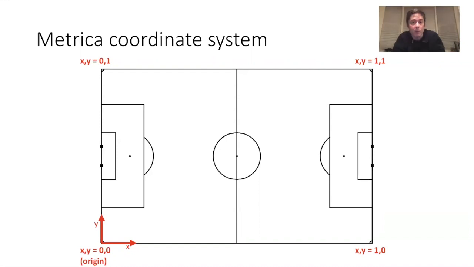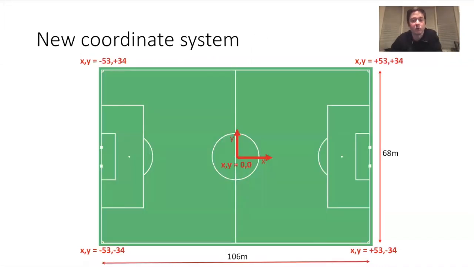One of the first things we might want to do is change the coordinate system to something that's easier to work with. So I'm going to switch to a new coordinate system in which the length of the field is 106 meters and the width of the field is 68 meters. They set the origin in the center of the field. So the top right-hand corner is given as x equals 53 meters, y equals 34 meters, and the other corners correspondingly.